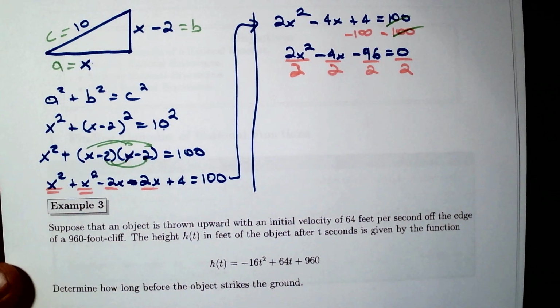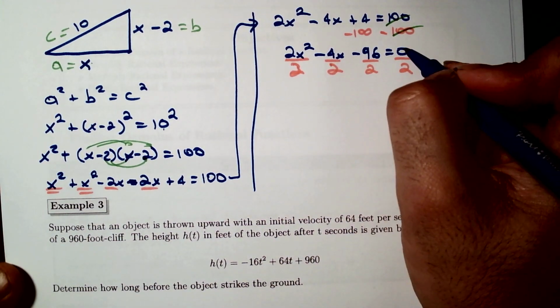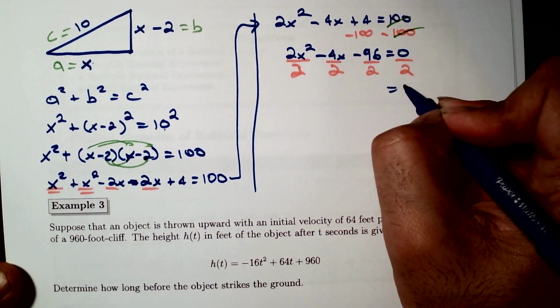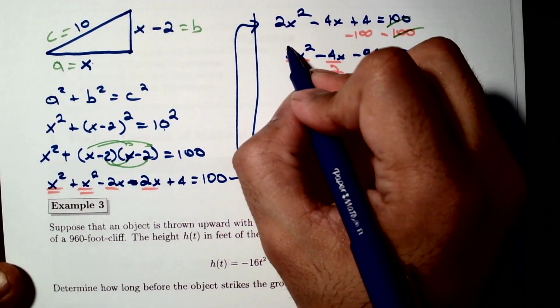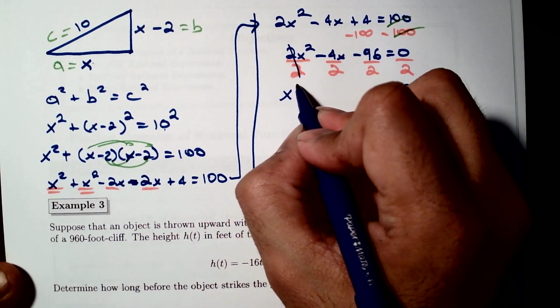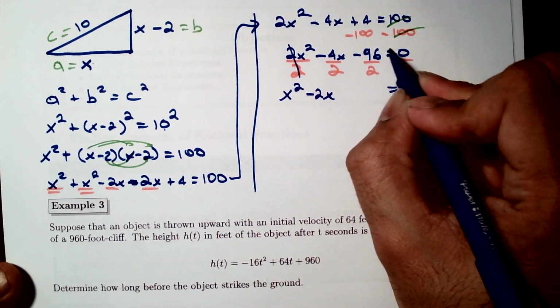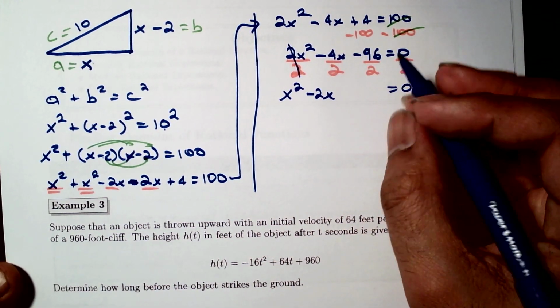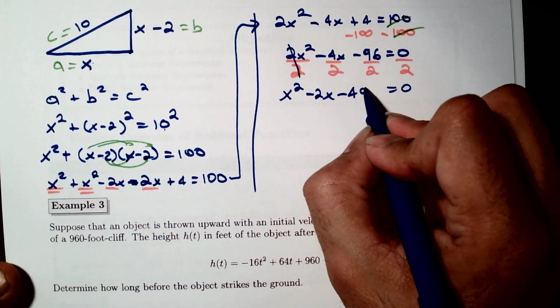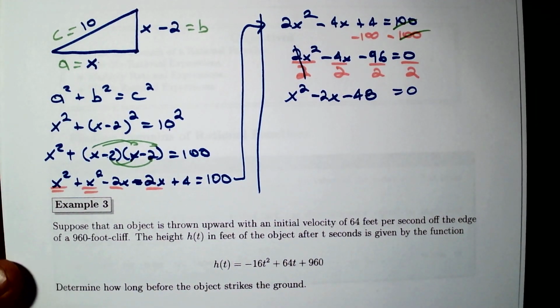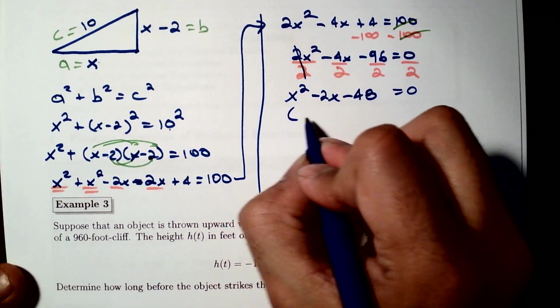So divide everything by 2. On the right hand side, 0 over 2, that's the easiest one. Over here they cancel, giving us an x squared. And negative 4 over 2, that's a negative 2x. And negative 96 over 2, that's a negative 48. So this problem will reduce to a simpler double bubble problem.